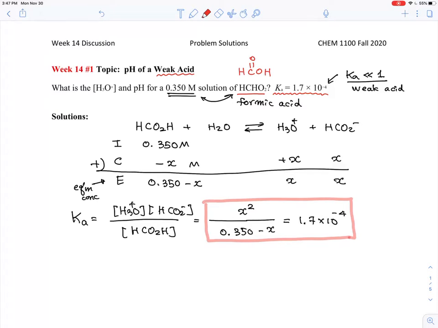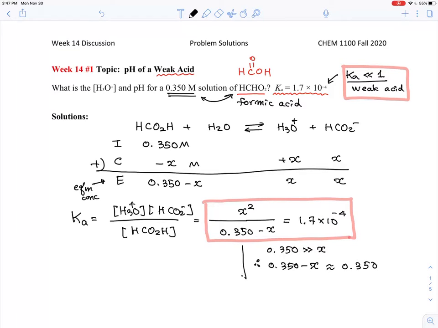You can continue to solve this quadratic equation, but in this ICE problem, when you have a Ka value that is very small, there is a certain approximation that can be done. We know that 0.350 is certainly much bigger than the small constant X, so therefore 0.350 minus X is approximately the same as 0.350.